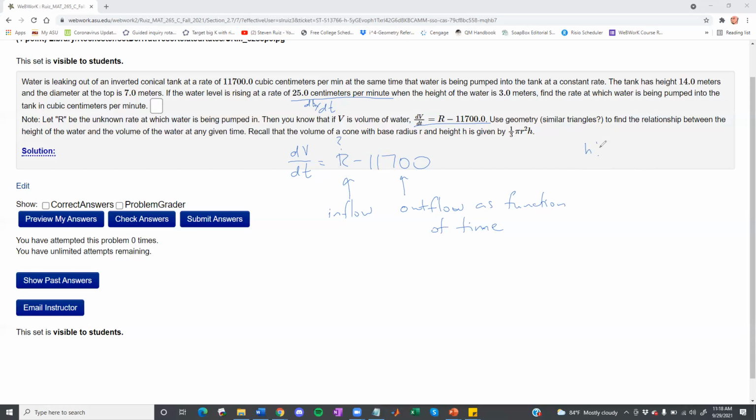I think H should stand for what? Height. Water. Do we need any other variables? We got V. Anything else?